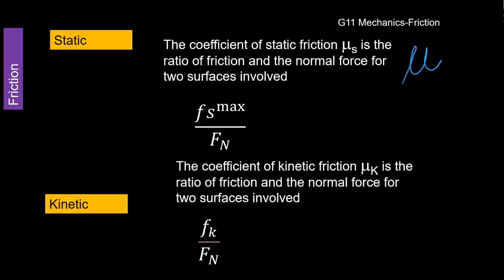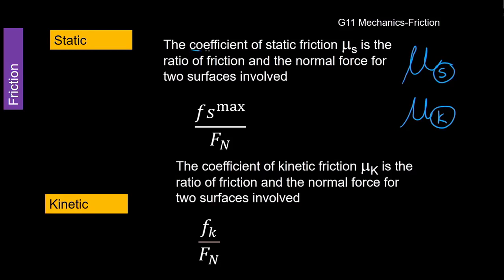It is a Greek letter. It's like a fancy U. And if we want to distinguish between static friction and kinetic friction, we put a subscript of S or a subscript of K. So that means the static friction, and that means the kinetic friction.